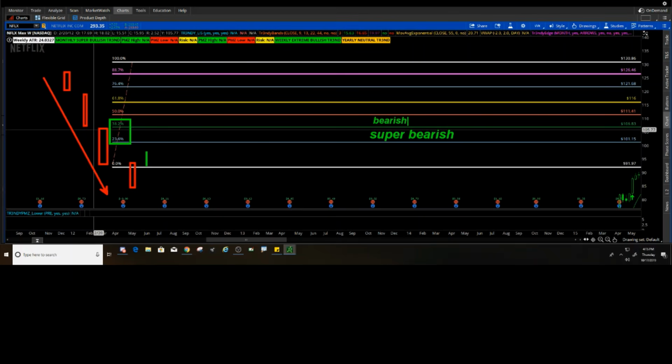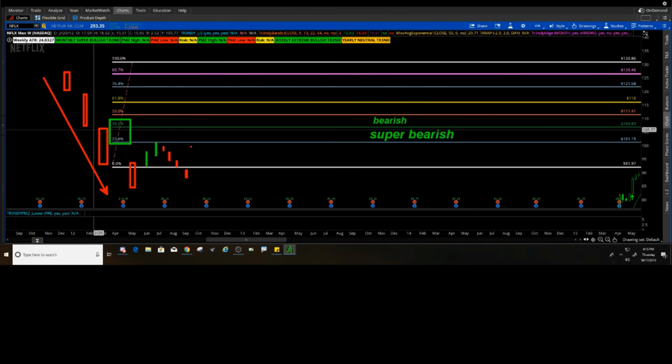Just like that. So what does this mean? That means once we curve around and we find ourselves at the 23.6, we do not forget that we are in a downtrend. And with poor performance, you will see that price will stop at the 23.6 and come right back down.